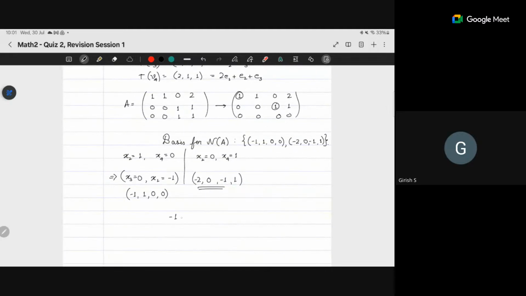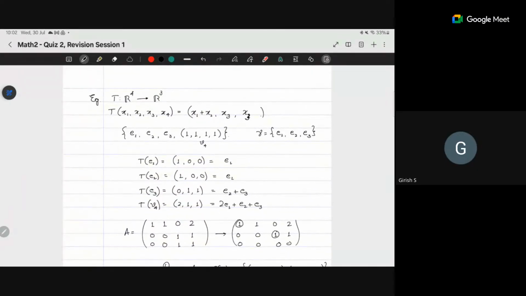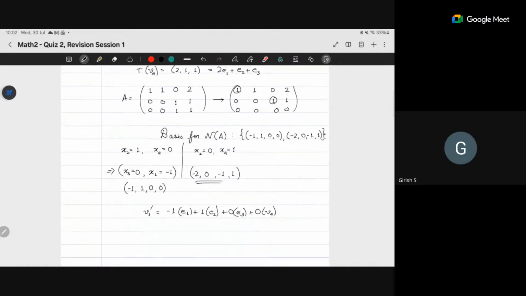Let me call this guy V1 prime: -1 E1 plus 1 E2 plus 0 E3 plus 0 V4. Because I used this basis to get the matrix, I have to use this basis to get the vector from its coordinates.